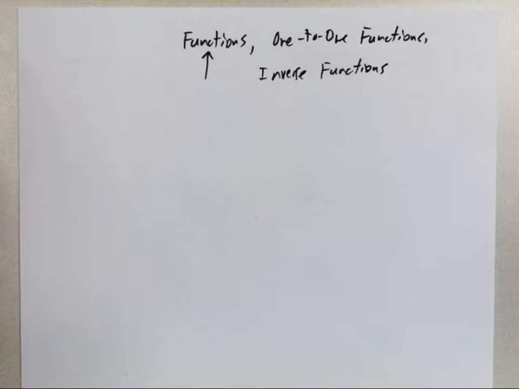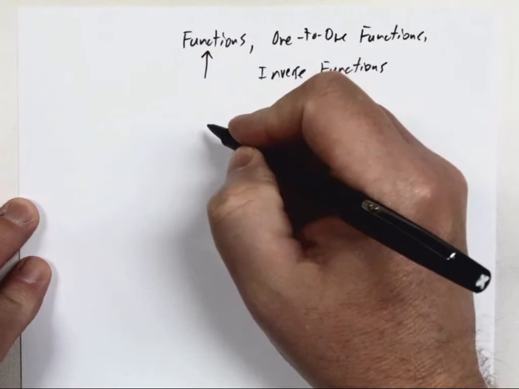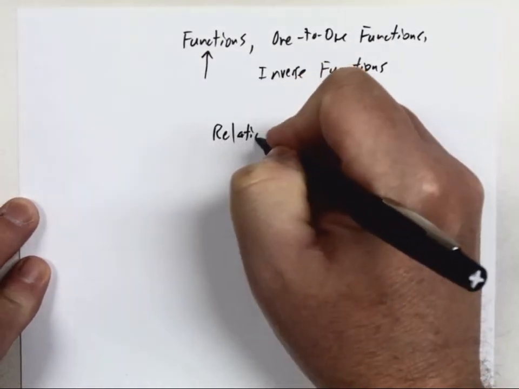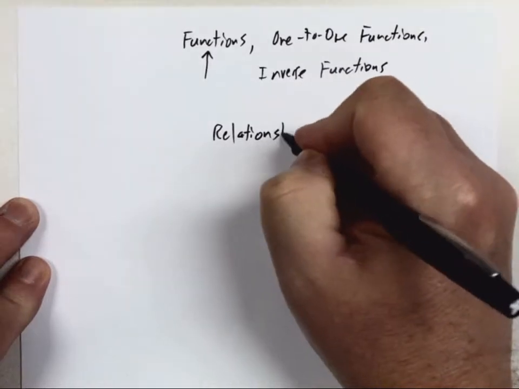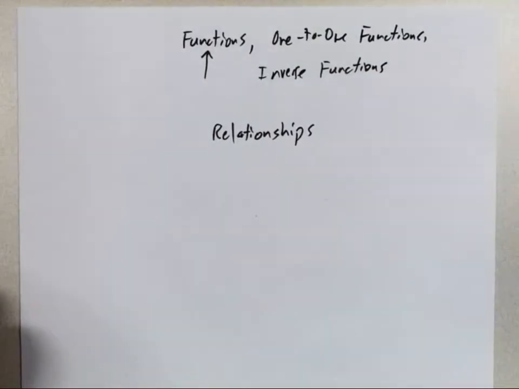Right now, we're going to look at some equations and see if they are in fact an actual function by the definition of a function. As a matter of fact, the word we should use in math instead of function or functions, I think a better word is relationships.